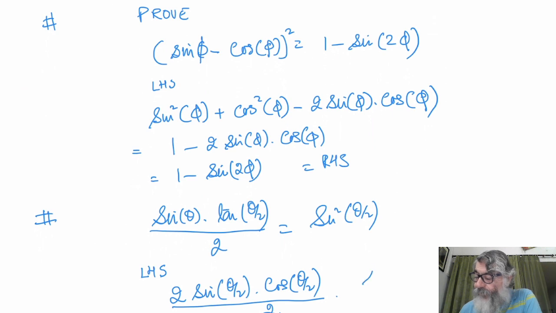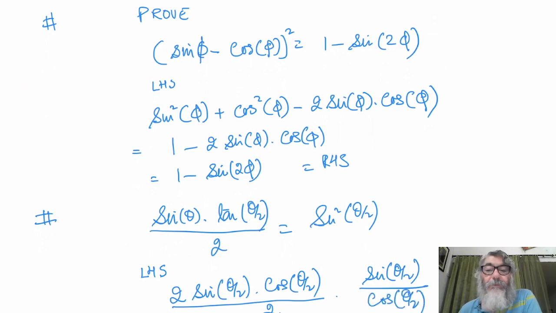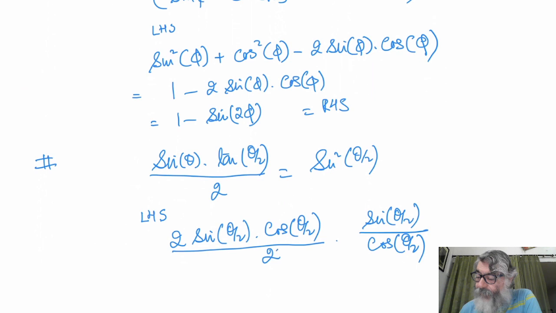Tan (theta by 2) means sin (theta by 2) upon cos (theta by 2). We wrote it in terms of sin and cos because the answer is in terms of sin. Now let us cancel whatever we can cancel. Cos (theta by 2), cos (theta by 2) cancel. Sin (theta by 2) into sin (theta by 2) is left, which is nothing but sin² (theta by 2).